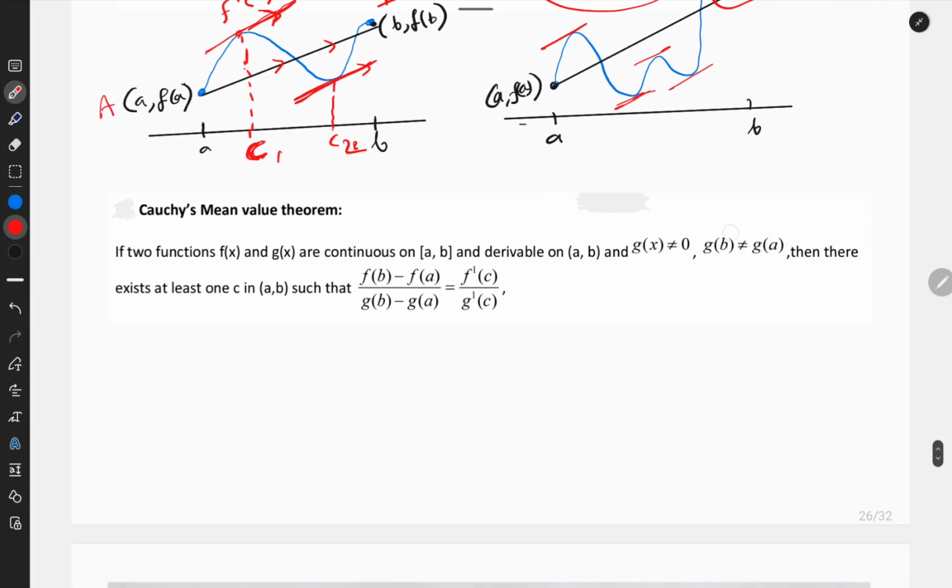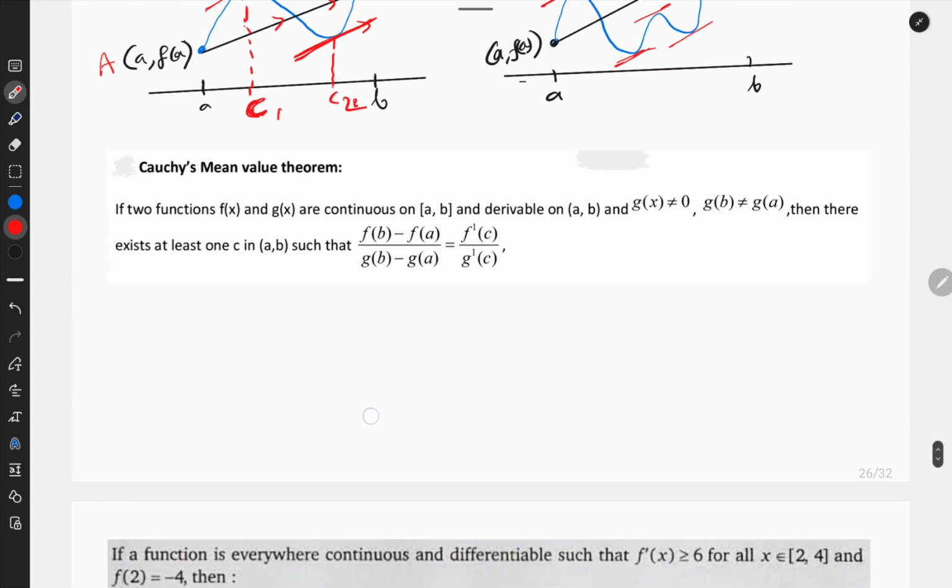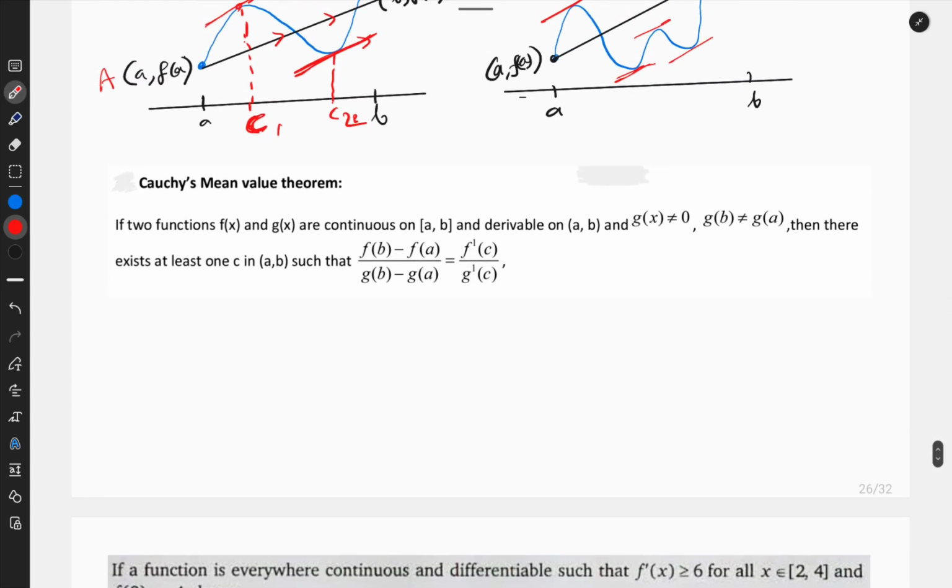Okay, so next coming to Cauchy's mean value theorem. In Cauchy's mean value theorem, f and g are two functions, both continuous on the closed interval ab and differentiable on the open interval ab, such that g of b not equal to g of a as it is in the denominator.